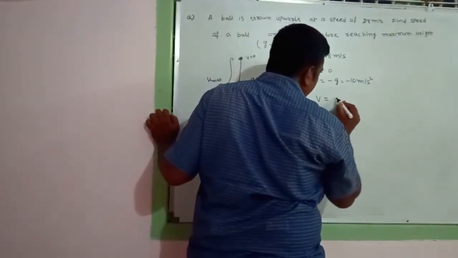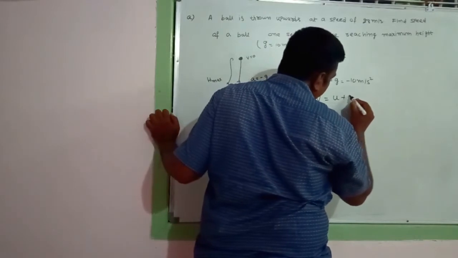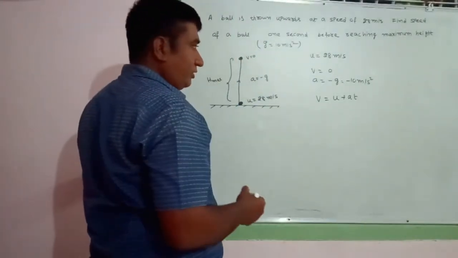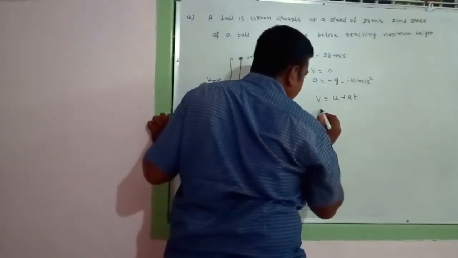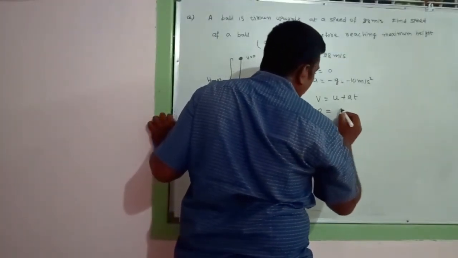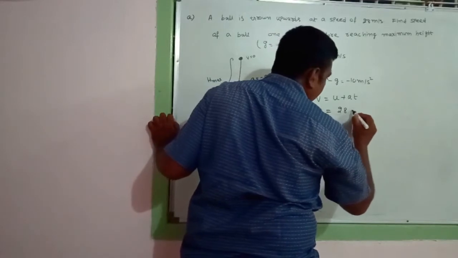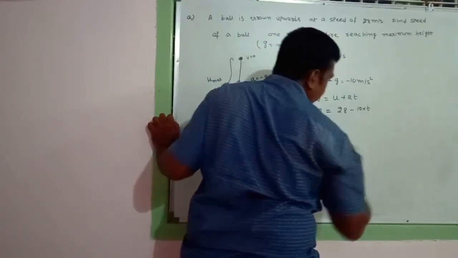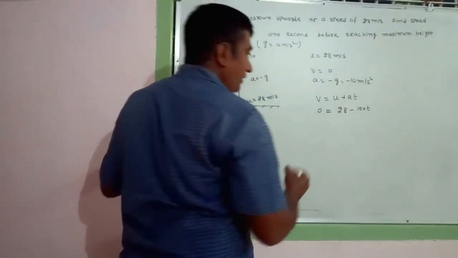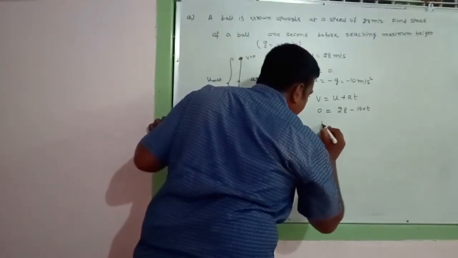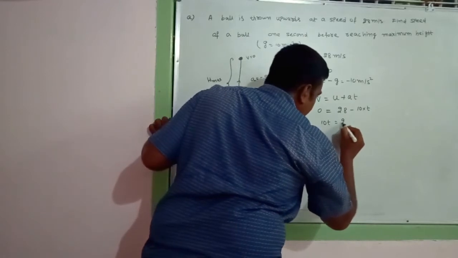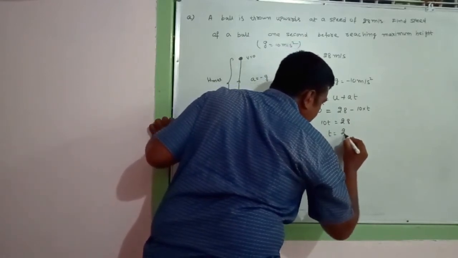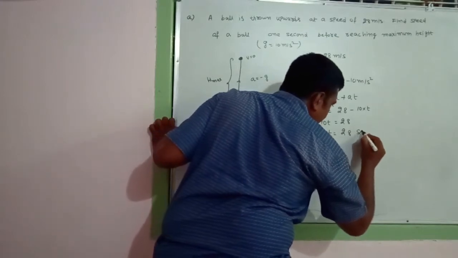By substituting, 0 equals 28 minus 10 into t, which we have to find. With the help of this, I get 10 into t equals 28, t equals 2.8 seconds.